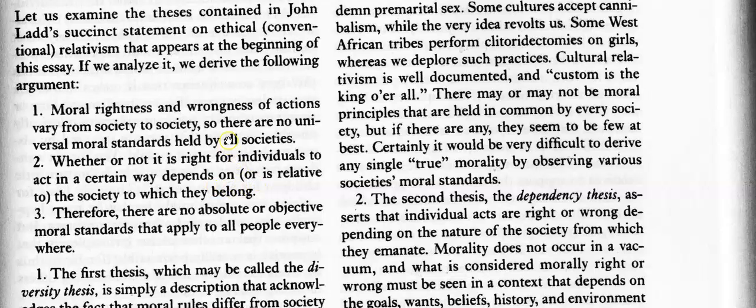And also think of the way he's referring to societies here as conventionalism, which is otherwise known as ethical, cultural relativism. Okay, and then 3, which is the conclusion: therefore there are no absolute or objective moral standards that apply to all people everywhere.